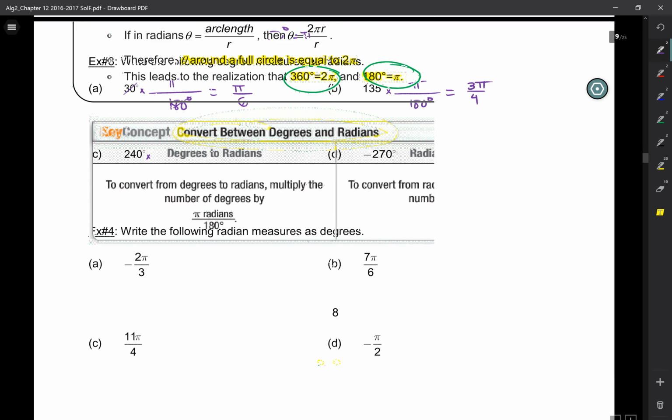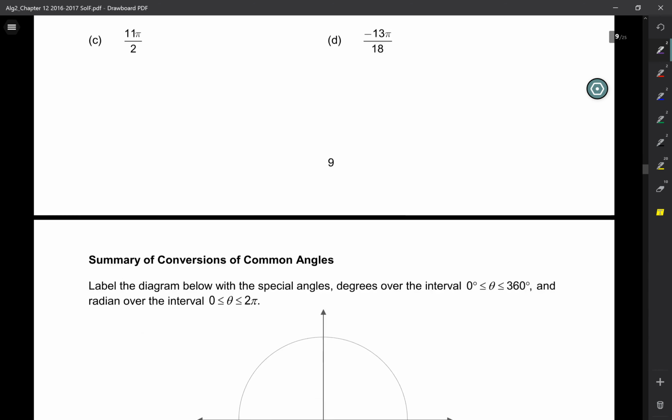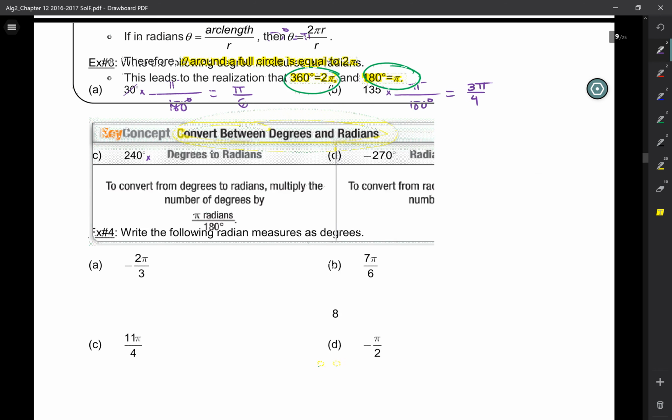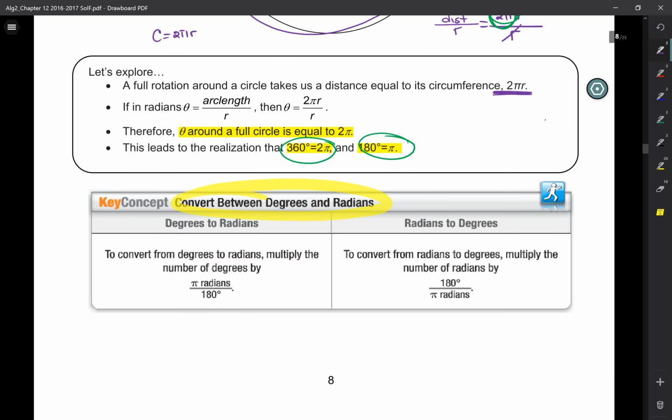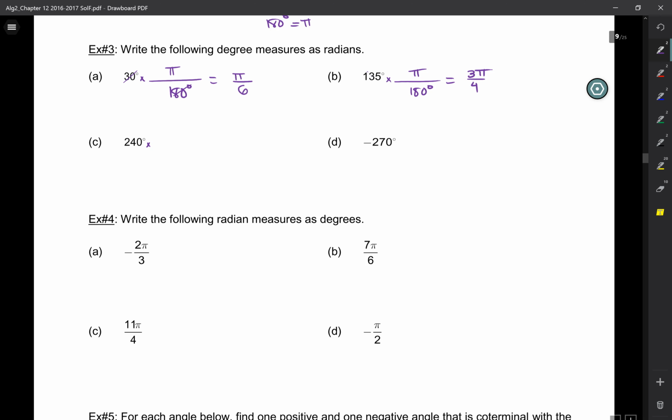All right, here we go. Because if you do it by 360, then you have too much to cancel. You'll see later. So here, it's again pi over 180. So we're going to reduce by what? By 6. Yes.